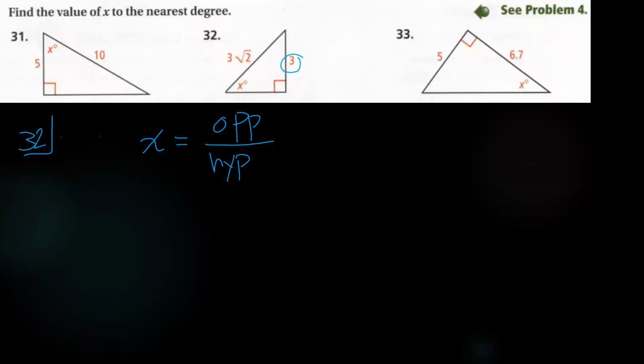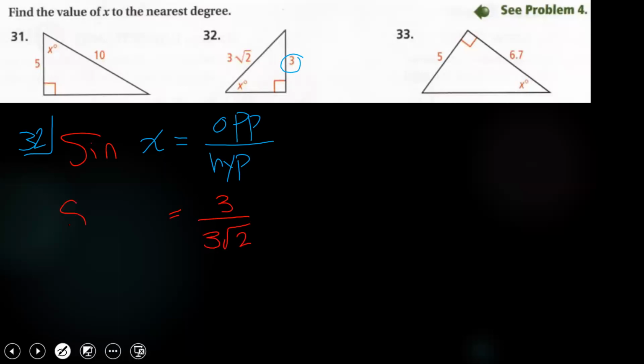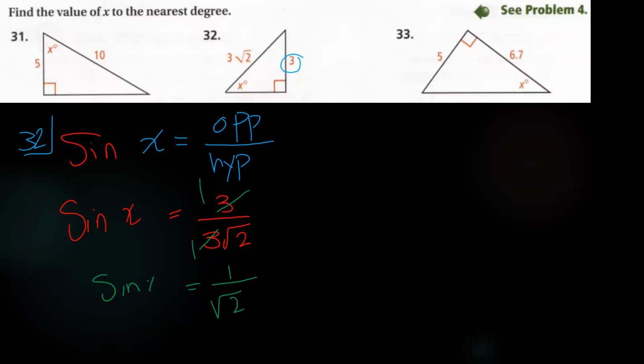Sine. Bravo. So sine X is opposite over hypotenuse. Where's the opposite? 3. Where is the hypotenuse? 3 square root of 2. Bravo. So sine X is 3 over 3 square root of 2, which is 1 over square root of 2.